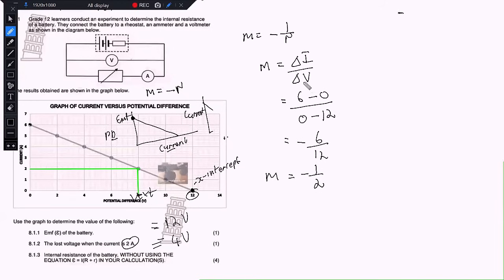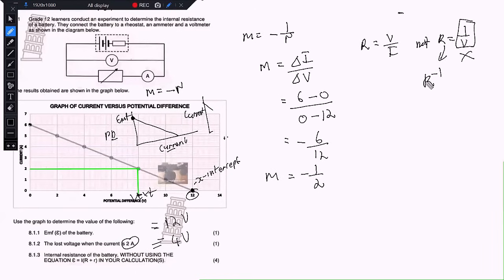But note that we are used to R being equal to V over I, not R is equal to I over V. So whenever you have I over V, this actually means that what you have is R to the exponent of negative 1.